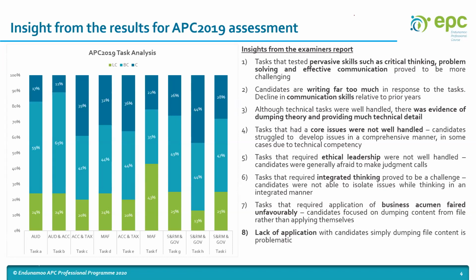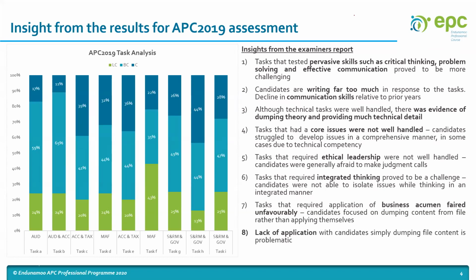But examiners were saying that there's been a decline in those effective communication skills, meaning that sometimes the candidates are writing too much, not because they've got too many ideas, but because it's taking them too long to elaborate a point, because they are not structured. Maybe some of the points are being repeated because they've not been planned properly, and so on.